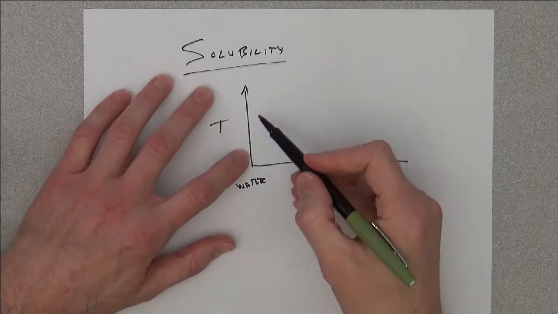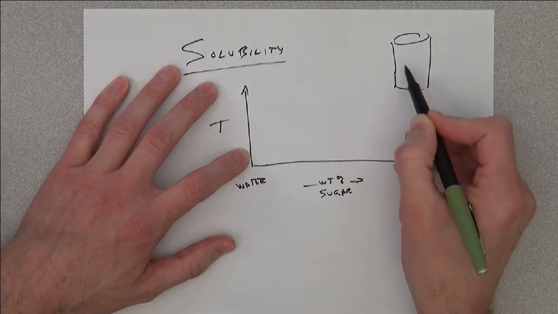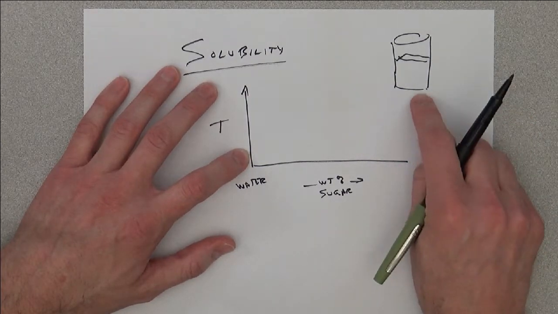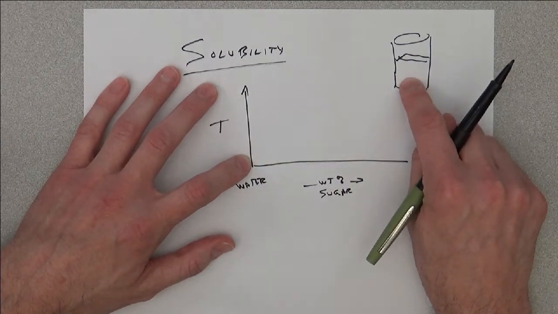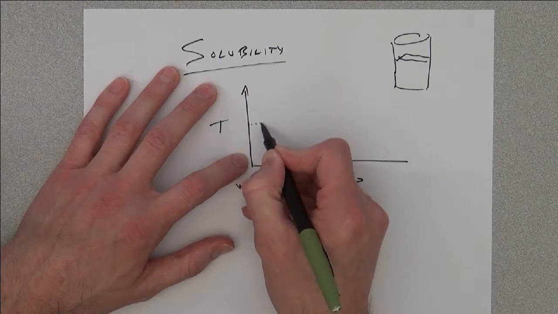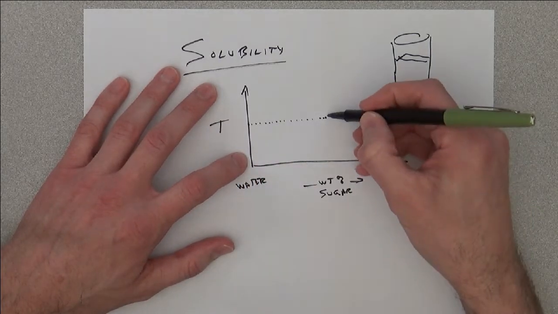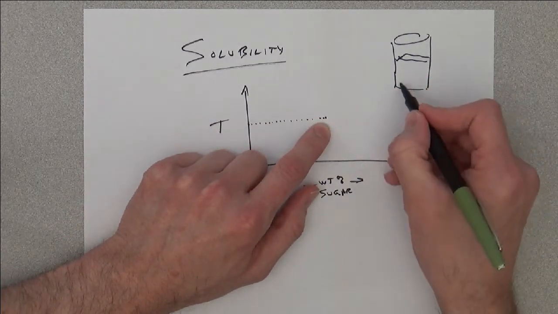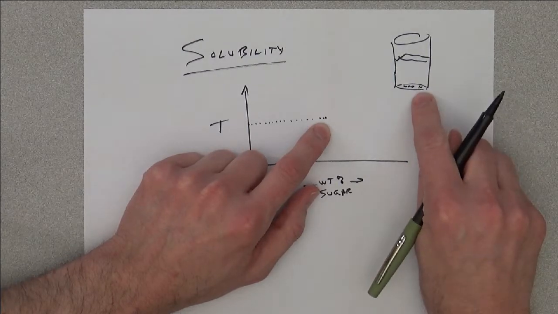And as you have this glass of water, and you're putting sugar into that, you start putting sugar in and it goes into solution. Okay? Goes into solution, keeps going in. Well, at some point, we stop going into solution and instead we start to precipitate out sugar on the bottom.